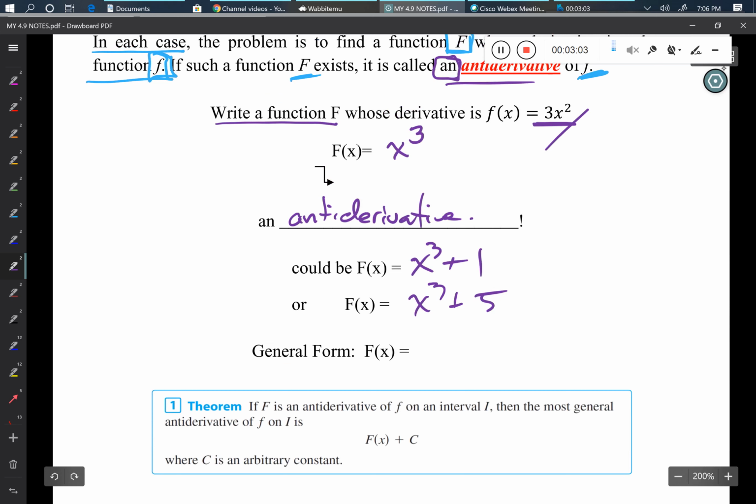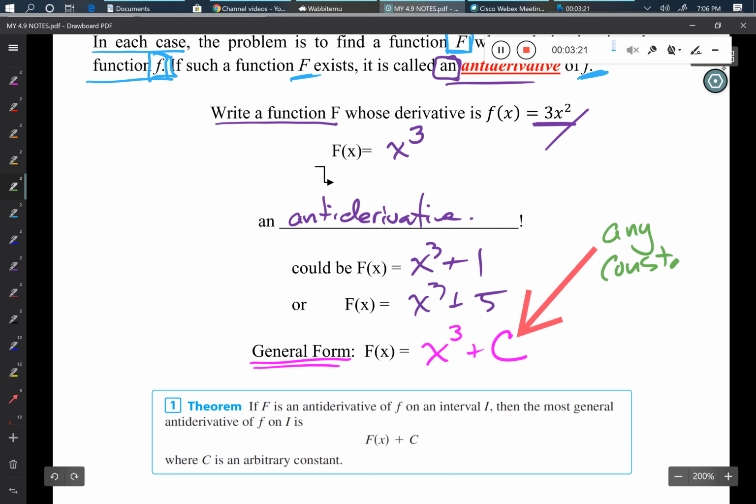Right? And so what we say is, when we find the antiderivatives, we're going to look for the general form of the antiderivative. In this case, the general form is going to be x cubed plus some unknown constant C. And what this C right here represents is any constant, because when you took the derivative of that constant, it would disappear and it would no longer exist in that derivative.